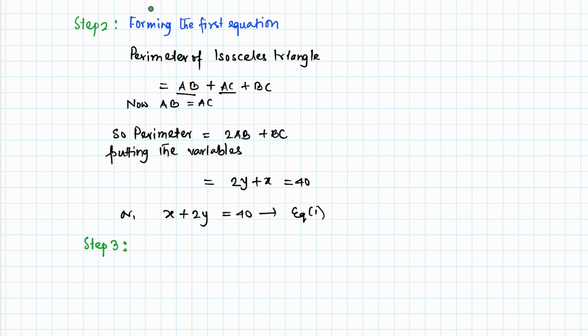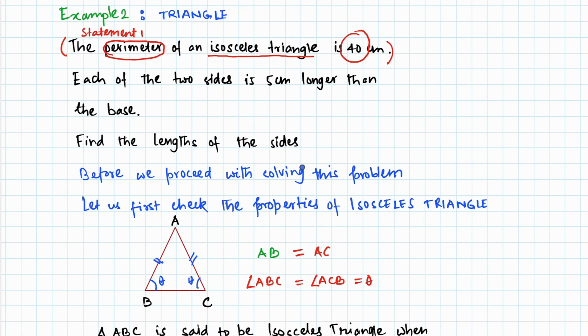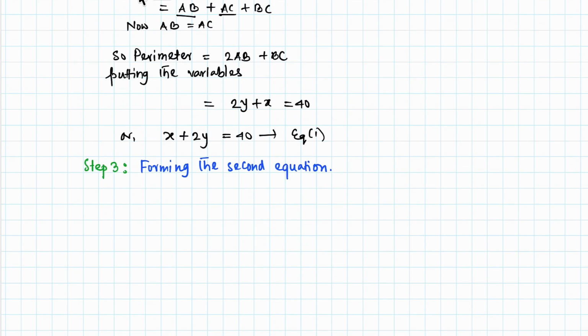Now step number 3, we have to form the second equation, and we will get it from the second statement. Each of the two sides is 5 centimeter longer than the base. So the relation between the equal sides and the base has been given. So from there we can frame the second equation.